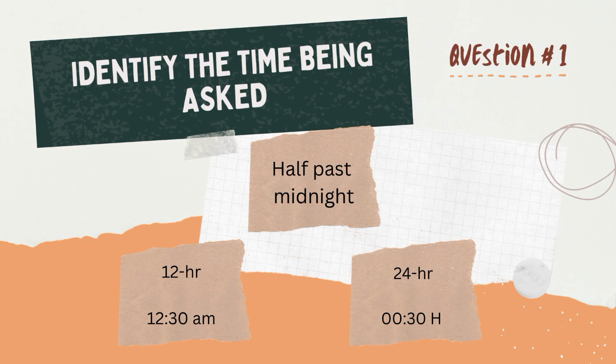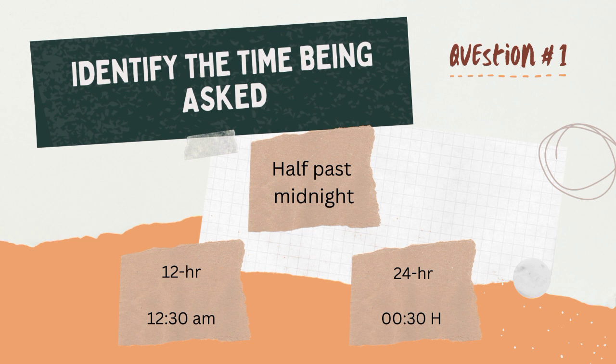So, the first one is half past midnight. So, anong ibig sabihin nun? So, half past midnight is nakalipas na ng gabi. So, parang past 30 minutes na to 12 midnight.